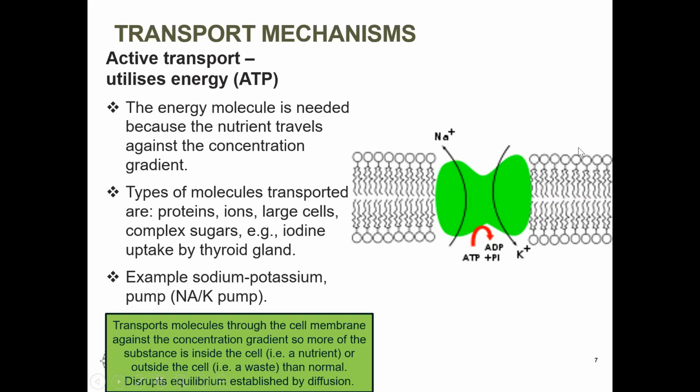Okay. So just added something here, that it transports molecules through the cell membrane against the concentration gradient. So more of the substance is inside the cell, that is a nutrient, or outside the cell, that is a waste product.